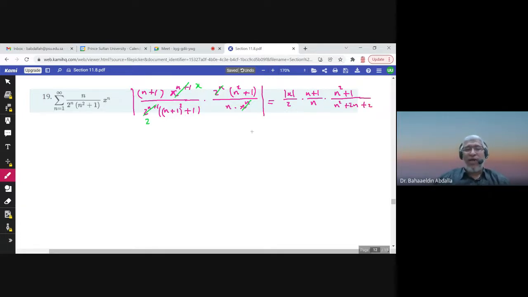So, in fact, if you take the limit now when n goes to infinity, the limit of this is 1, the limit of this is 1. So it will go to absolute value of x over 2. And by ratio test, the series is absolutely convergent if absolute value of x over 2 is less than 1.